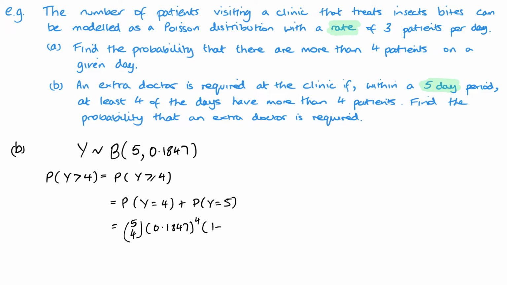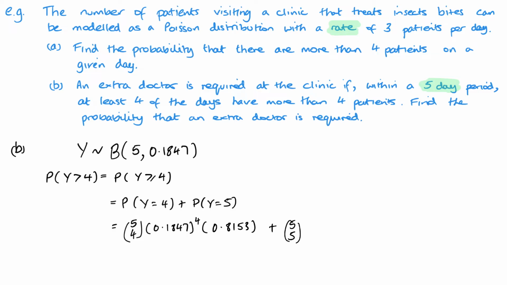And then we've got 1 minus that, 0.1847, which we already know, don't we? As that is something that we used in the previous question. So I can just pop that straight in, which is 0.8153. And then we went for Y equals 5. So that's 5 C 5.